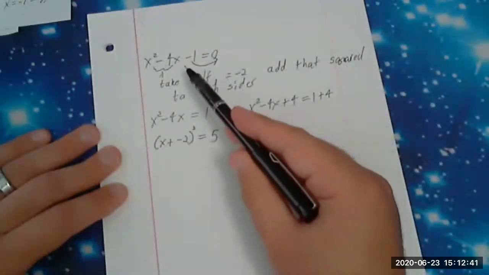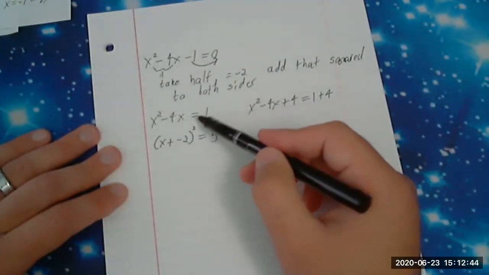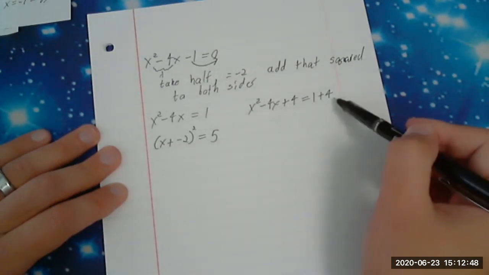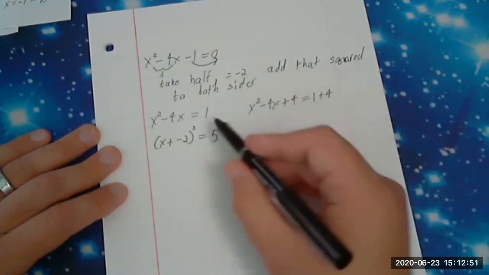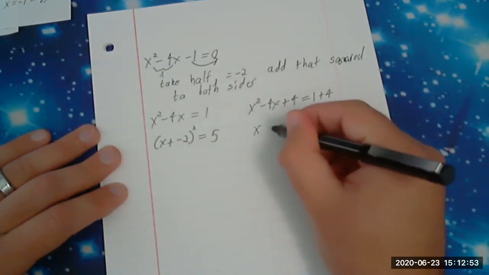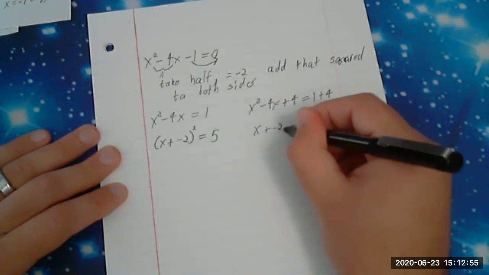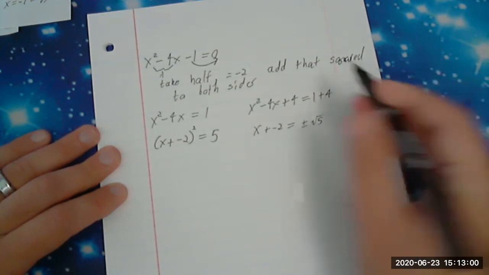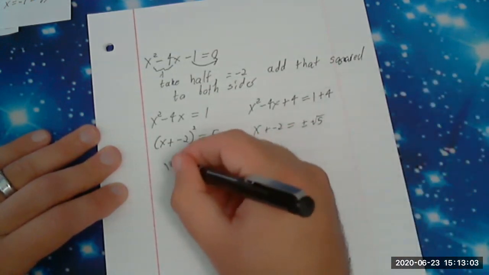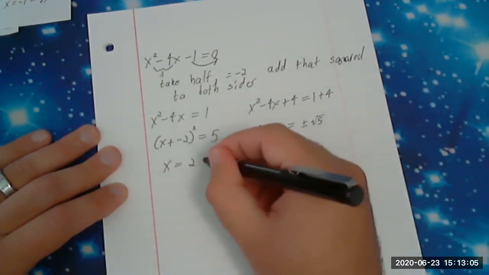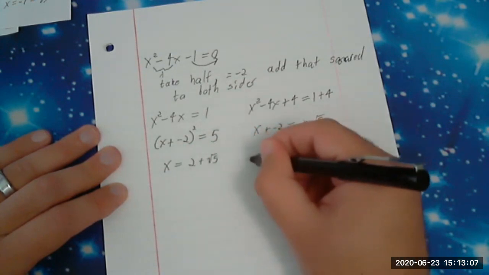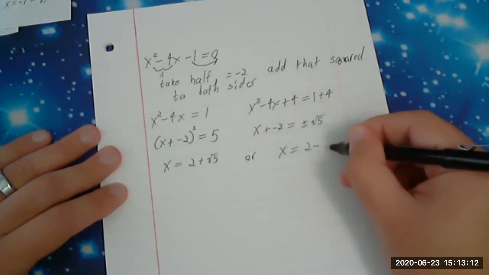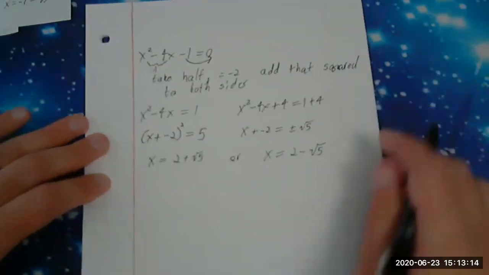So you take half of this one and square it, which in this case gives you 4, and add to both sides. So then we get x plus -2 equals plus or minus square root 5. And we get x equals 2 plus square root 5, or x equals 2 minus square root 5.